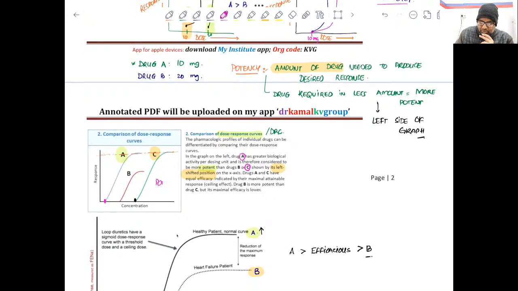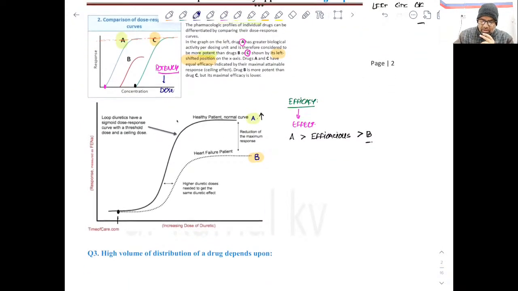So this is about potency, and in simpler terms, dose, and efficacy, effect. Clear? So for efficacy, remember effect. Is that clear? Now if we just summarize it in a better way, you can write potency in one column and efficacy in another column. And then the discussion is always in terms of two: dose, response.